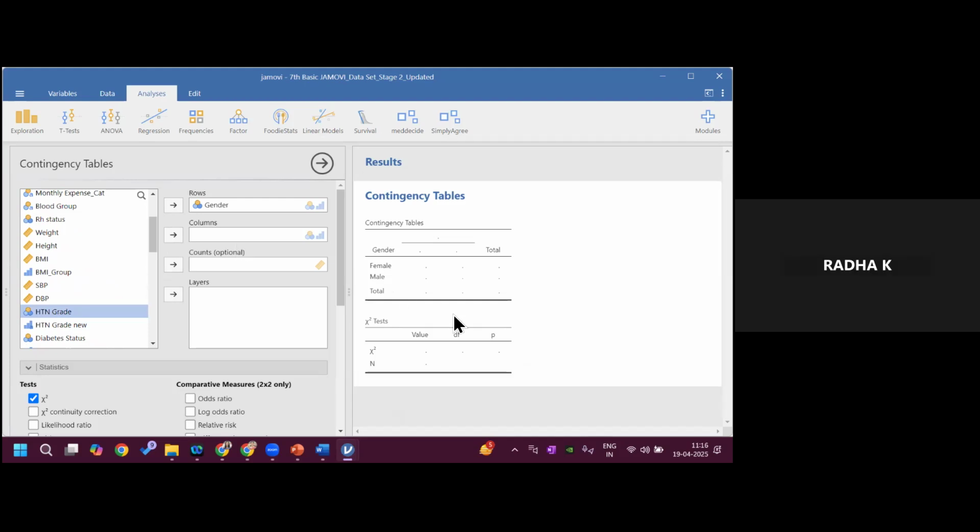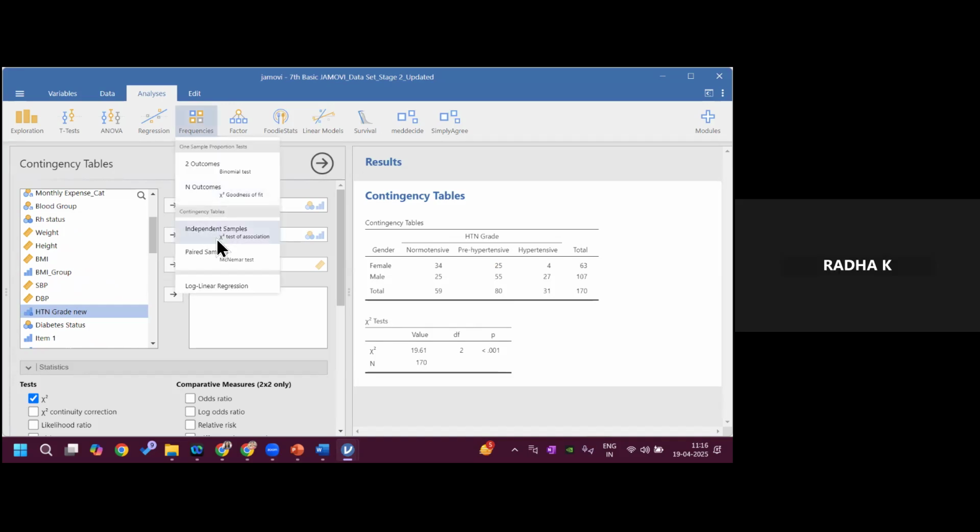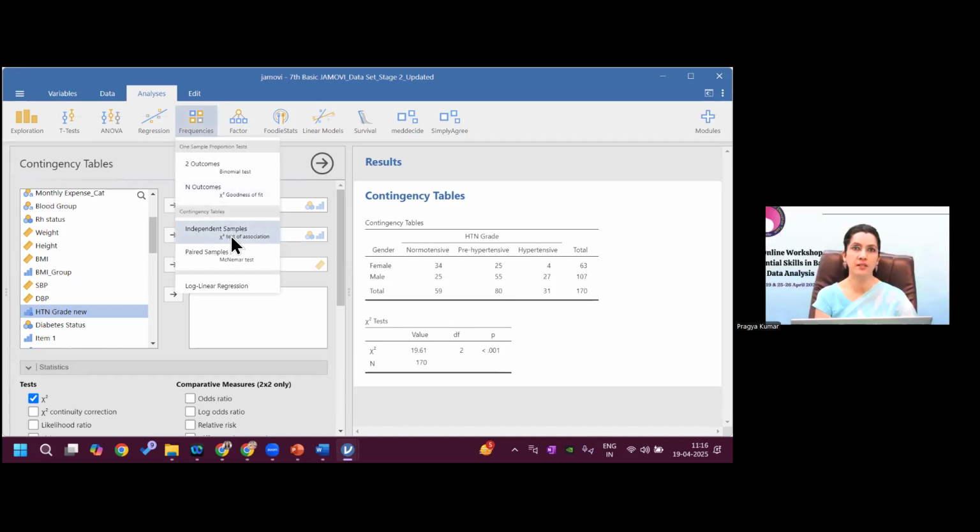Ma'am, to get the contingency table, where do we have to click, ma'am, after analysis? Frequency. Oh, okay. Then independent sample chi-square test. Okay. Thank you.